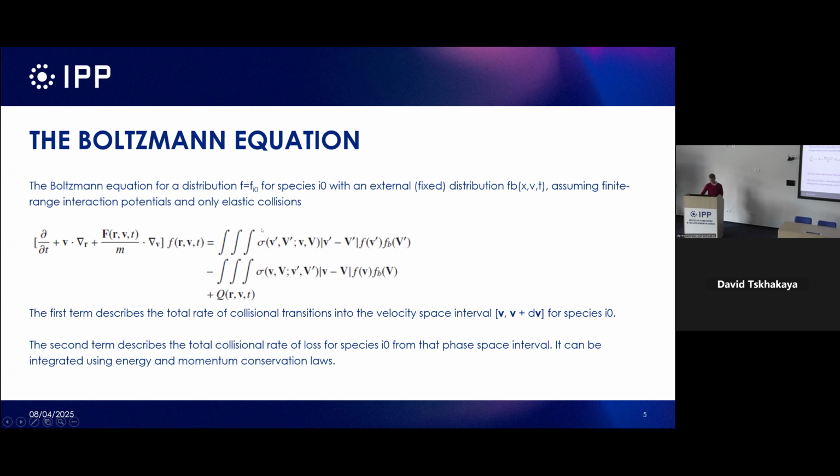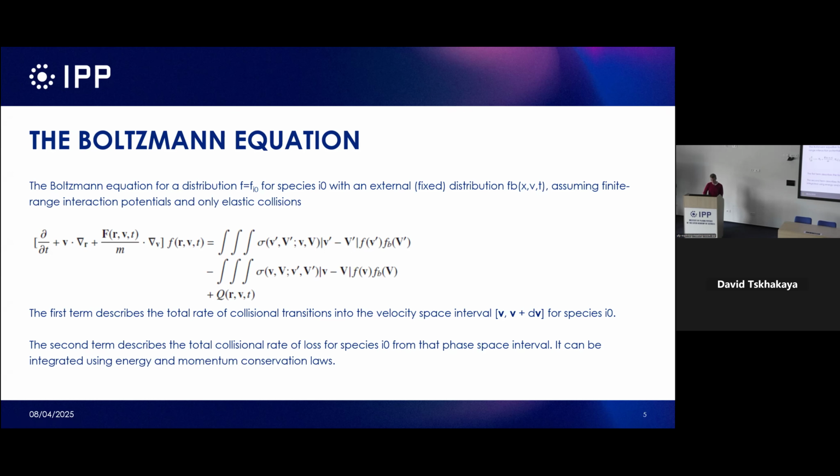In this case, the collision term on the right can be separated into two integrals and a source term Q. The first integral describes the total rate of collisions into the velocity space interval.